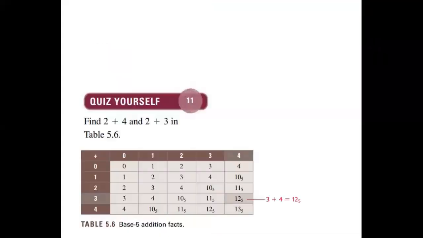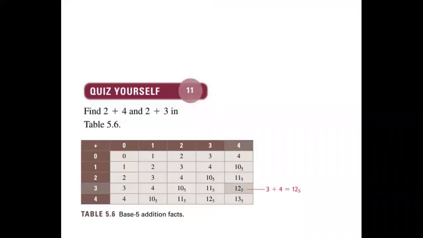Quiz Yourself 11 wants us to find 2 plus 4 and 2 plus 3 using the table, where they've already, using counting skills, given us a chart of addition. So we just have to find the 2 on a row and the 4 in the column, find the intersection, which is 11 base 5.